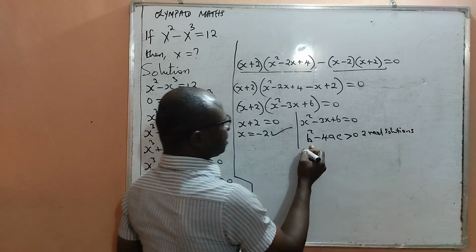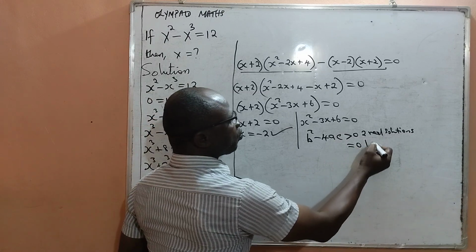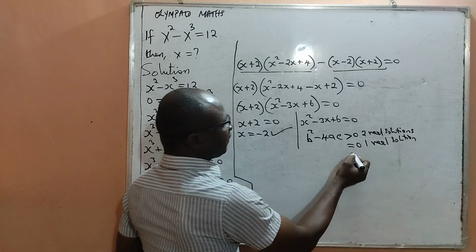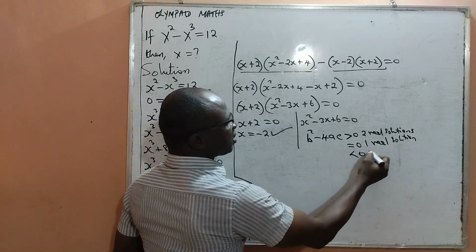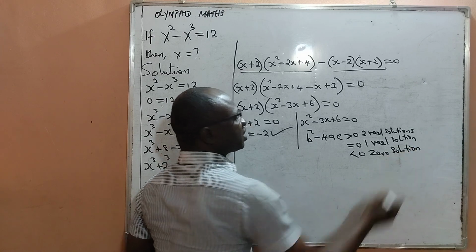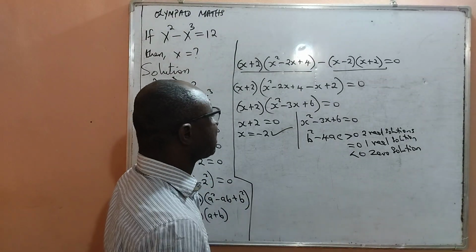If it is equal to 0, it is going to give us one real solution. But if it is less than 0, it is going to give us no real solution. That means it will result in complex roots.